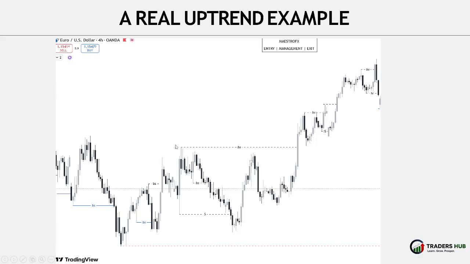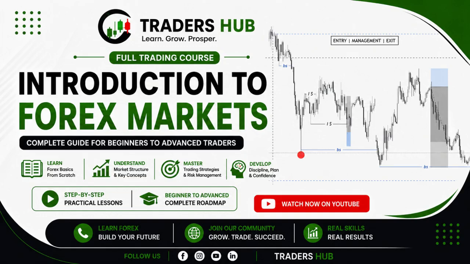You can take this or this, and again it printed a higher low, which in return put a higher high, which again produced another higher low, higher high, higher low.